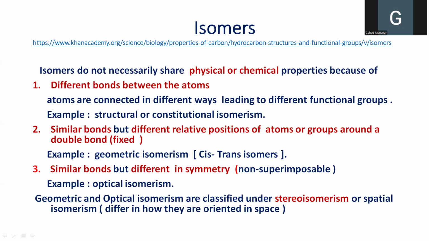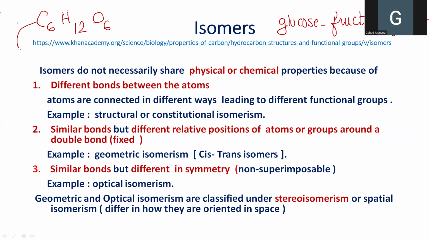Now we continue talking about isomers. Isomers have the same chemical formula. Let's take the example of glucose, fructose and galactose, which are all monosaccharides and have the same chemical formula.